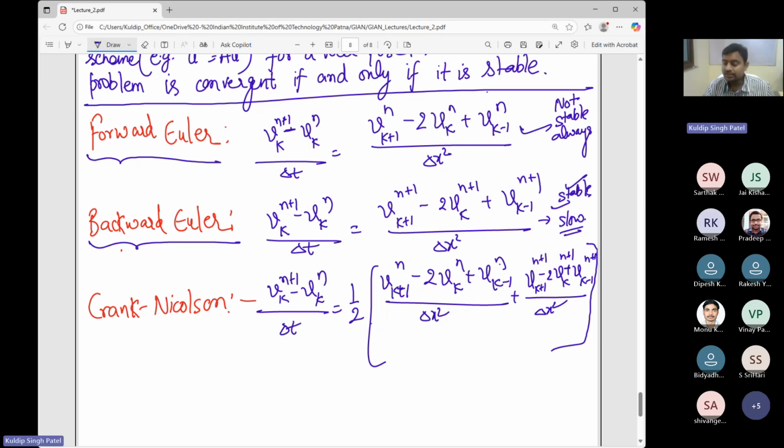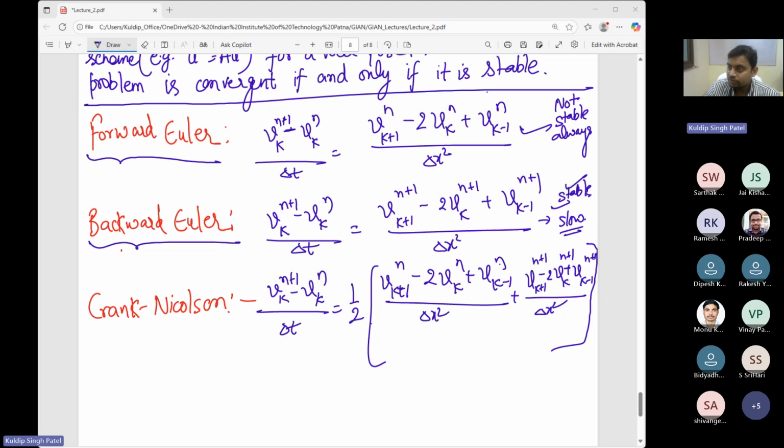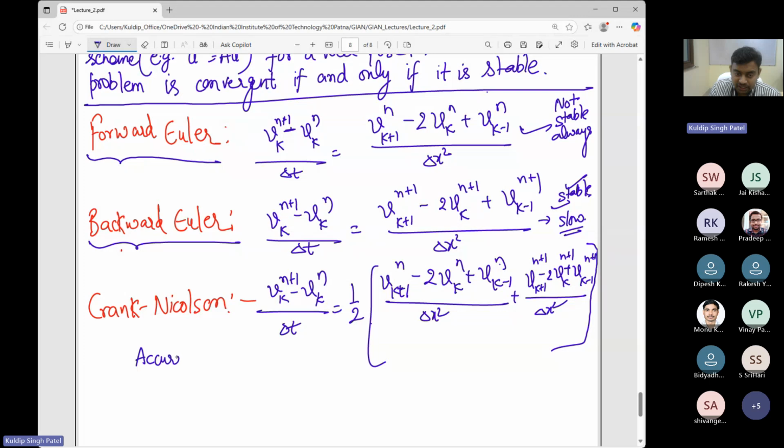The question is how fast it converges. Here I'll discuss one more point. If you are defining any numerical method, what are the two key properties you wish for? Let me tell you. The key properties are accuracy, of course, and efficiency also.